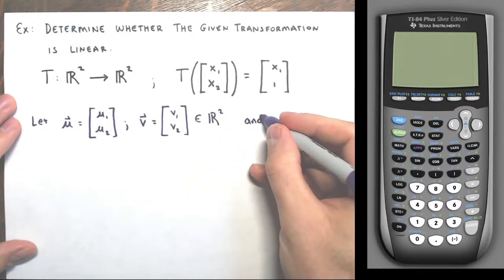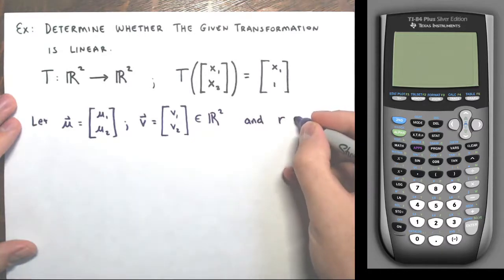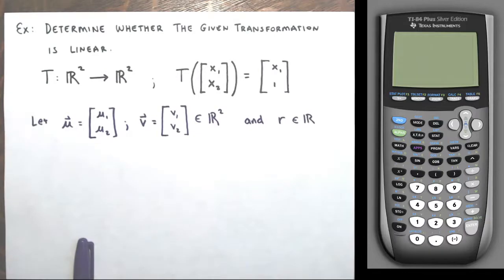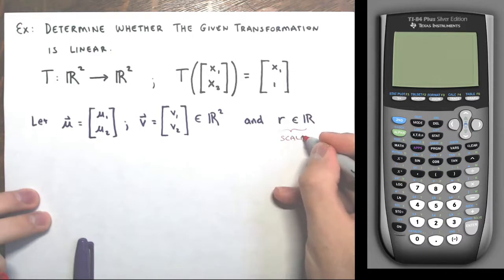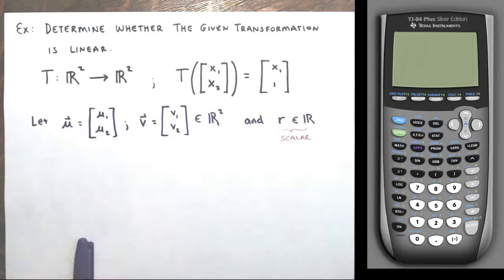So these belong to the domain R2. And suppose, again, I'll just use lowercase r belongs to the reals, and this is a general scalar. And these are vectors from the domain. All right, so first let's take a look at that additivity property.